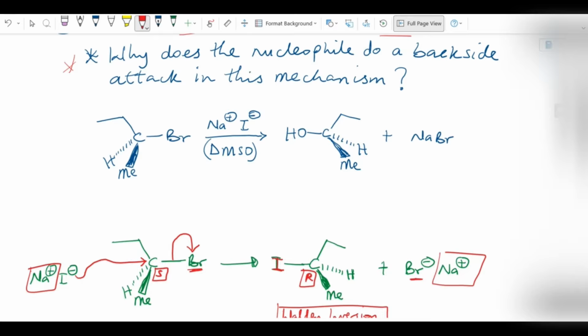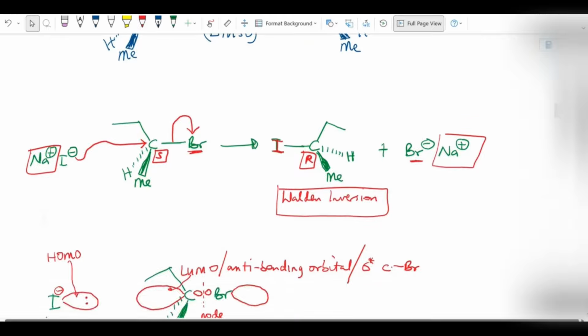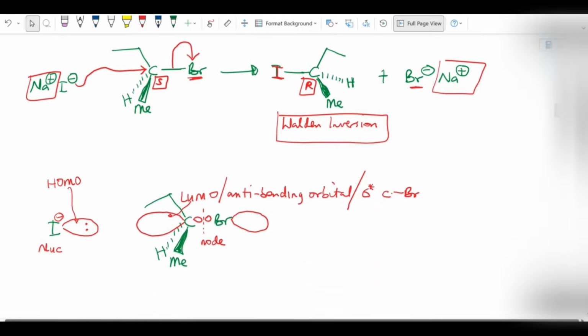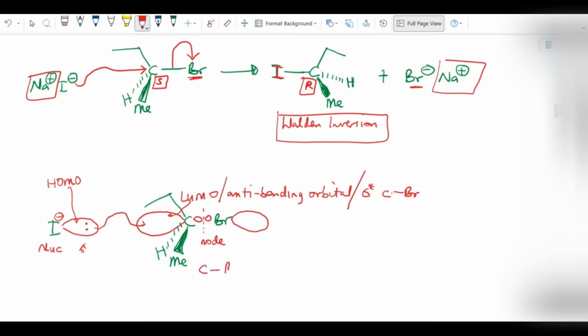So let's now answer the second part of the question, which says, why does the nucleophile do a backside attack? Why does it attack from the opposite side? The reason is that in an SN2 mechanism, the nucleophile would do a backside attack because it's only then that the HOMO of the nucleophile can achieve maximum constructive overlap with the sigma star orbital, or the LUMO, or the antibonding orbital of the carbon-bromine bond.